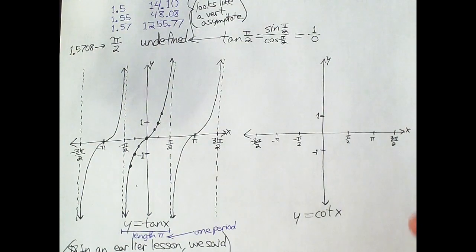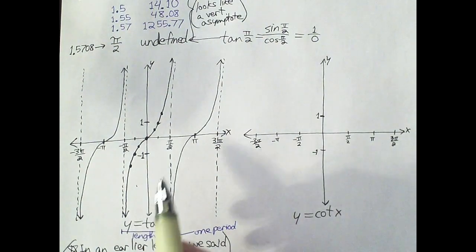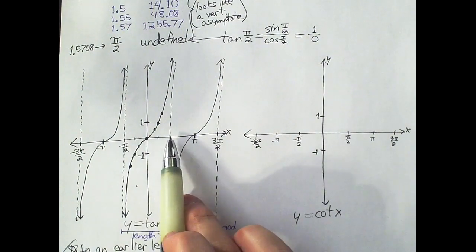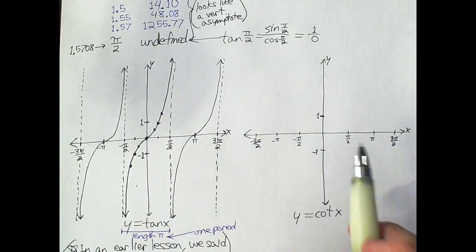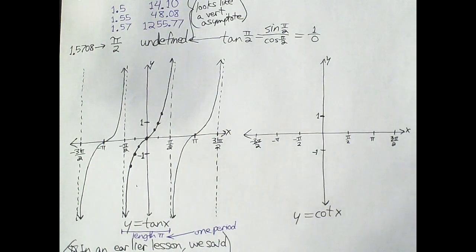Remember how tangent is y over x, but cotangent is x over y? So tangent is undefined anywhere on the unit circle where x is 0. And that, in the graph, wound up giving us asymptotes. Cotangent is undefined anytime y is 0 on the unit circle.